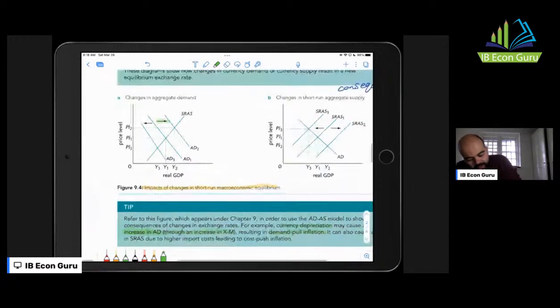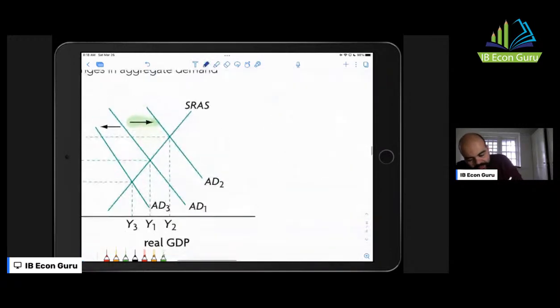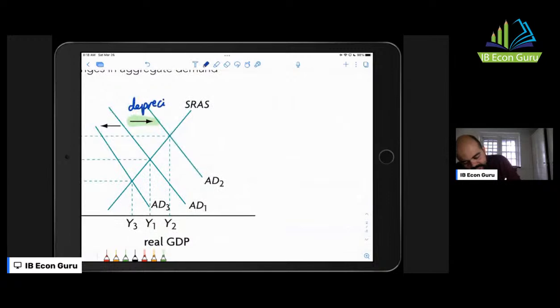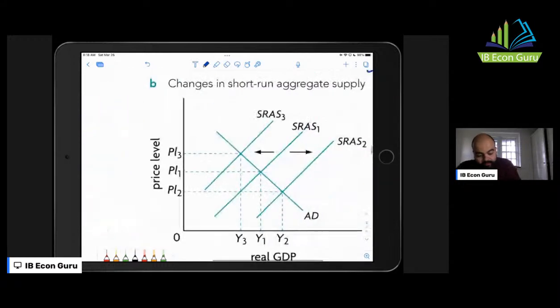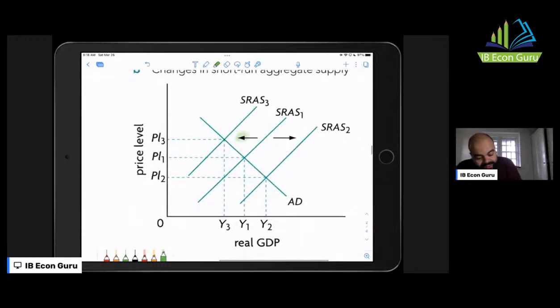So depreciation leads to an increase in AD. Why? Because foreigners demand more exports, so export revenue increases and import expenditure decreases. Therefore, AD increases. However, a depreciation can also cause a decrease in aggregate supply.